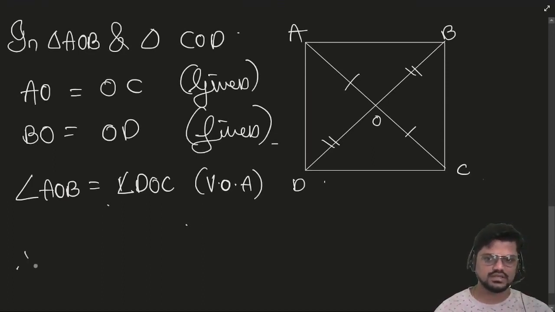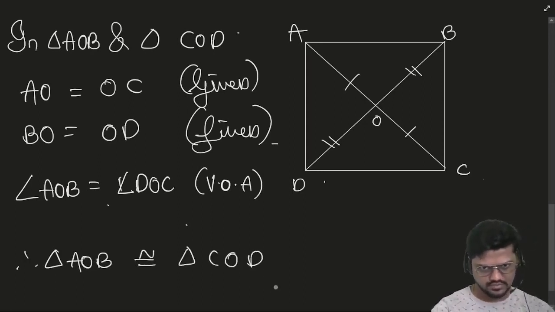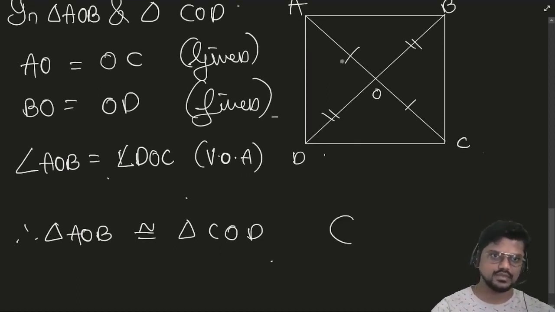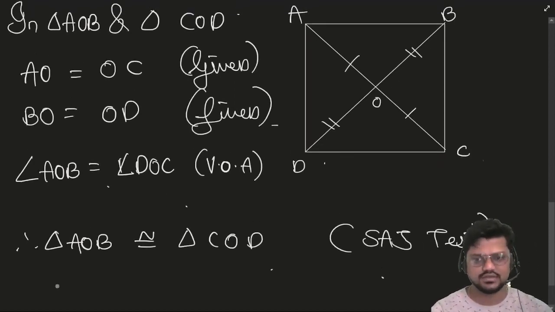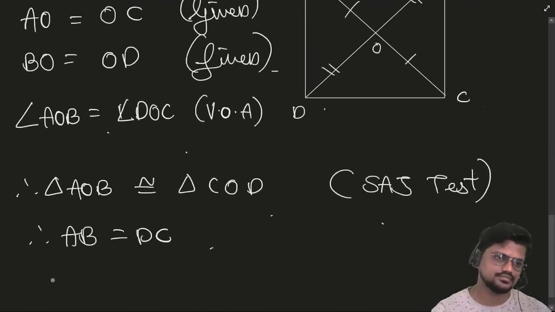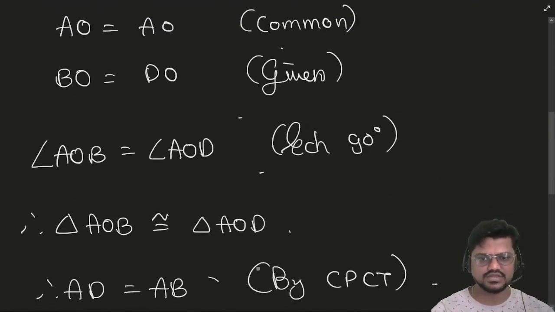Then what can we say? Therefore, triangle AOB is congruent to triangle COD by SAS test. Then what can we say? Therefore, AB equals DC. Now, in the previous one we proved that AB equals AD.